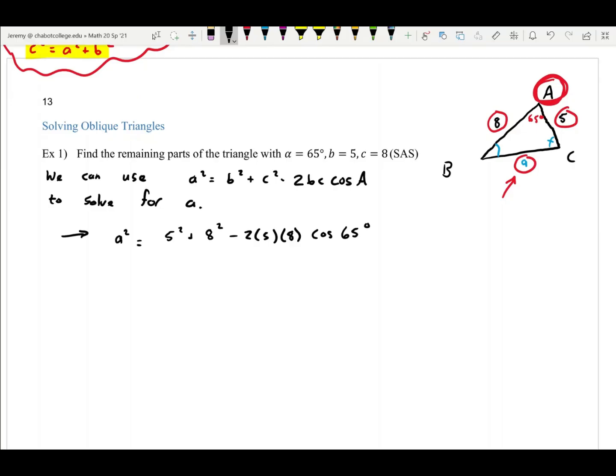All right, so really it's going to come down to just simplifying the right-hand side there. And this is definitely something that you can do on your calculator. 65 degrees, that's not a super familiar angle or anything. So you're free to do this on your calculator. Make sure you're in degree mode to avoid any issues.